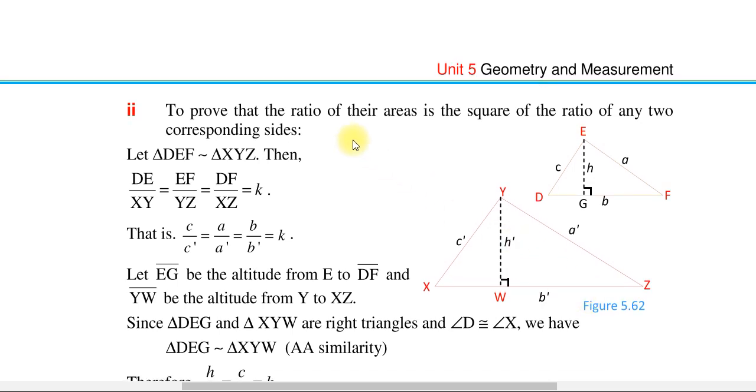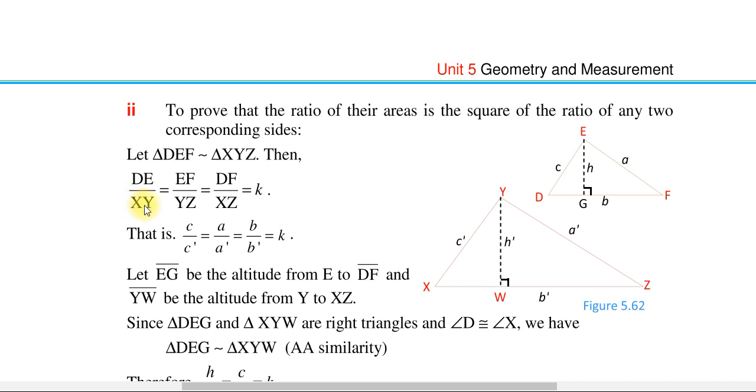And to prove that the ratio of their areas is the square of the ratio of any two corresponding sides, let triangle DEF be similar with triangle XYZ.